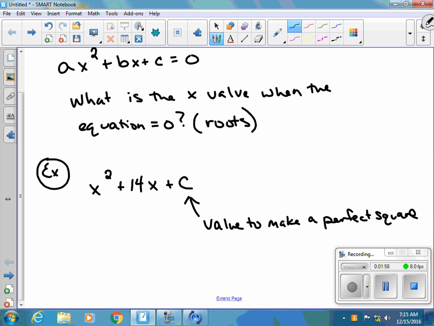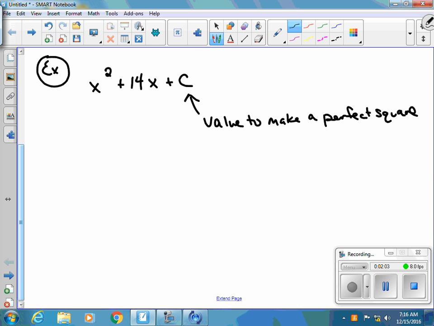How do I find that value? What you do is you take your b value, divide it by 2, and square it. This will equal that c.